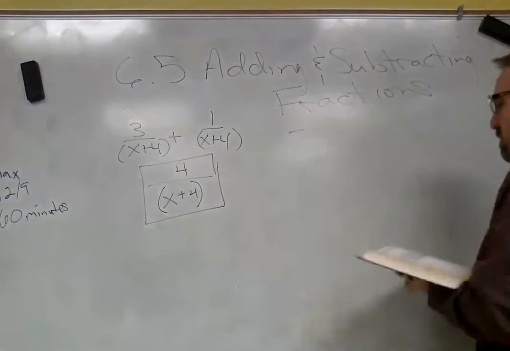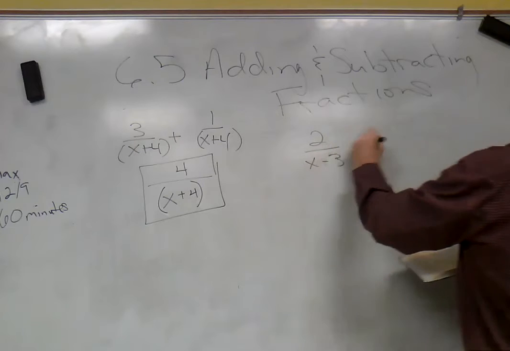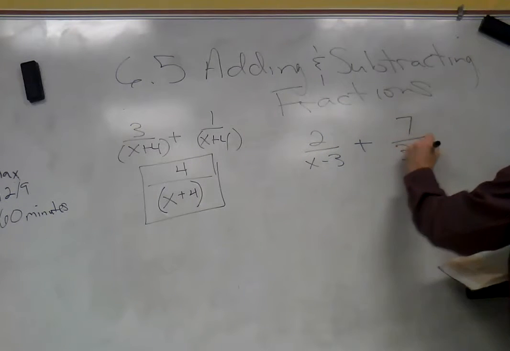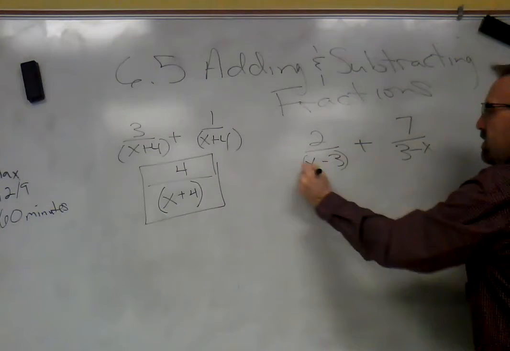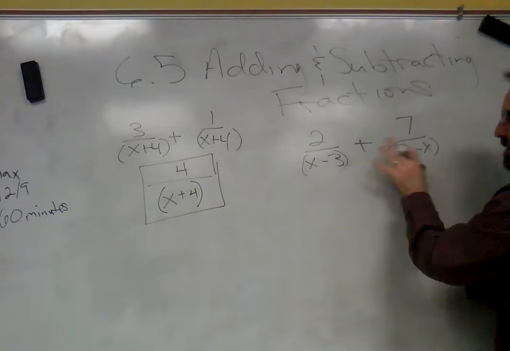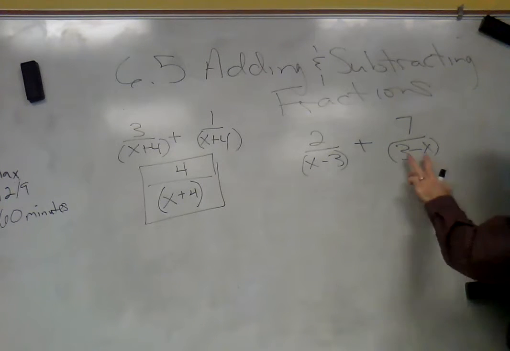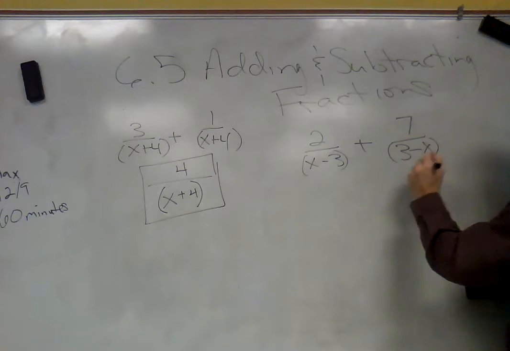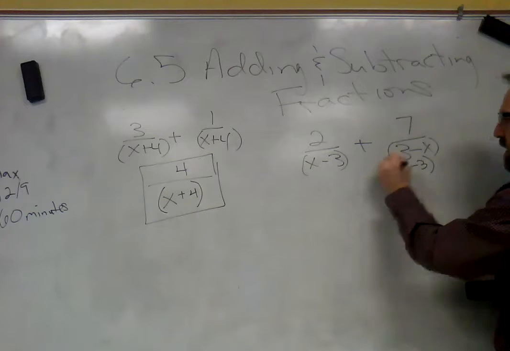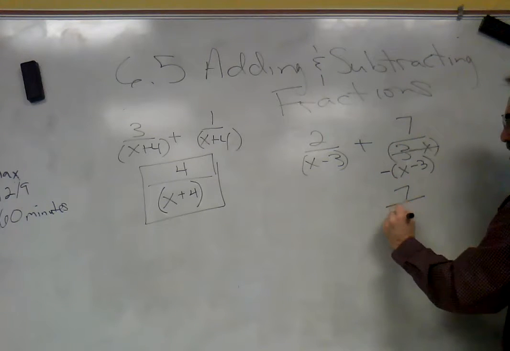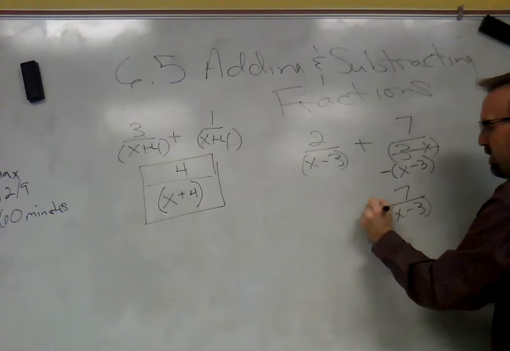All right, so we're going to have one similar to that. But this time we're going to do that problem where we switch the order. So we have x minus 3 and we have 3 minus x. These are basically the same thing, but how could we make them the same? Does anybody remember? What do we do to this one? We flip it, but when we flip it, we also have to make it negative. So if we rewrite that, we're going to replace that positive with this minus.